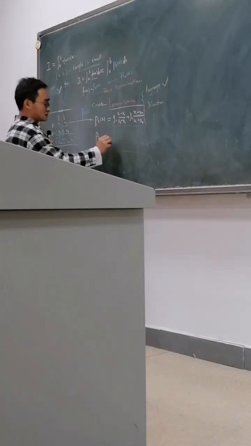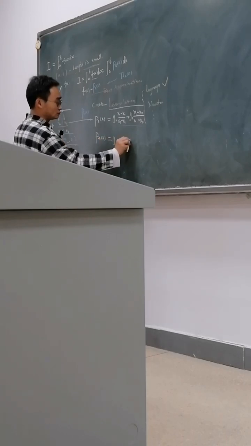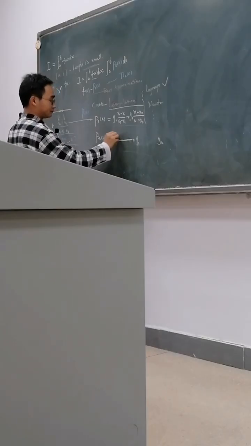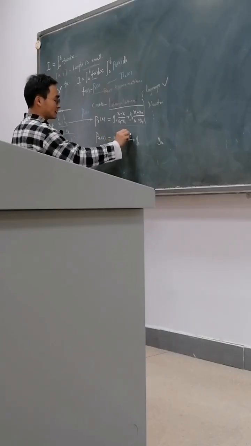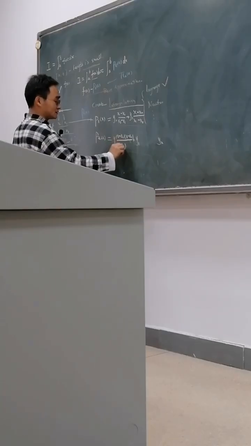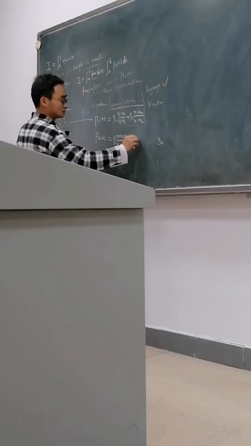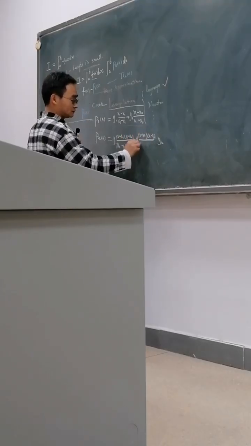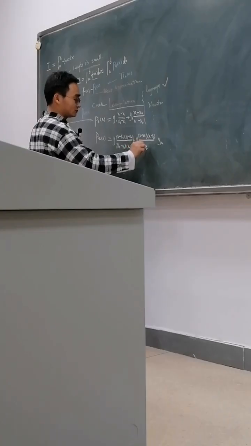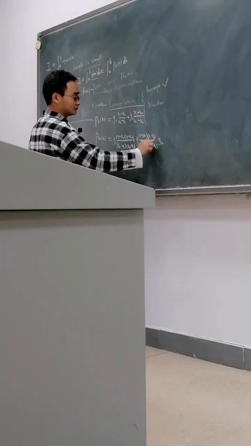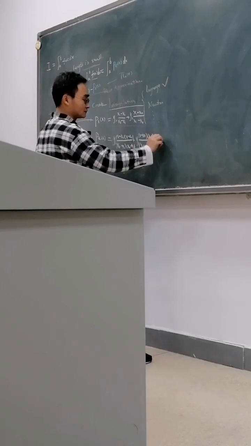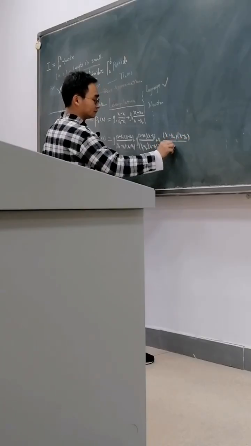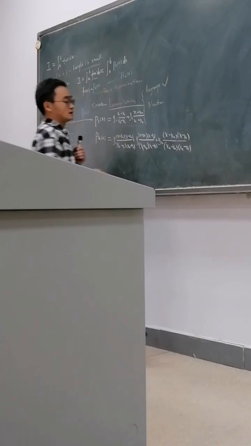Like this, we may have y0, y1, y2 with the factors (x minus x1)(x minus x2) over (x0 minus x1)(x0 minus x2), then (x minus x0)(x minus x2) over (x1 minus x0)(x1 minus x2), plus (x minus x0)(x minus x1) over (x2 minus x0)(x2 minus x1).